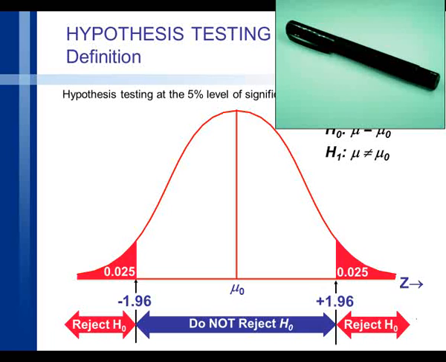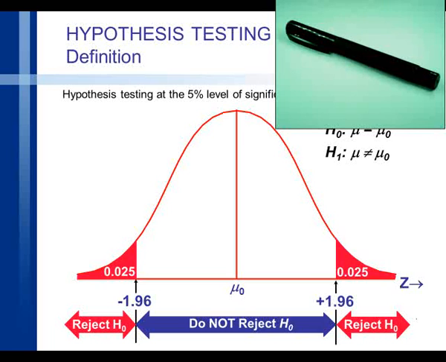So how is that going to affect your hypothesis testing? Remember, the statement that you want to say is, my sample is so unlikely to come from this distribution that I reject the null hypothesis.